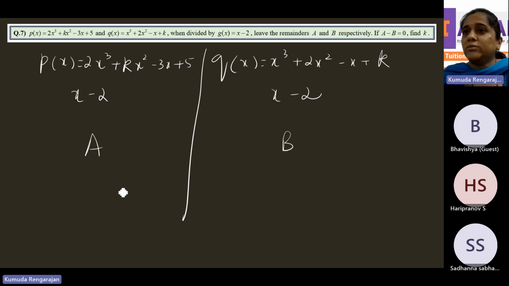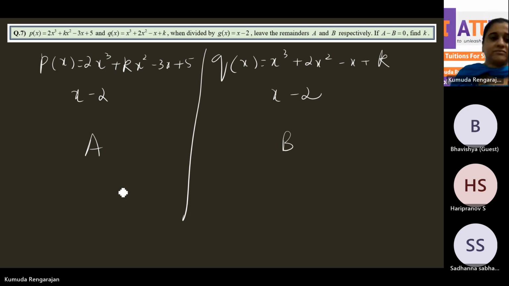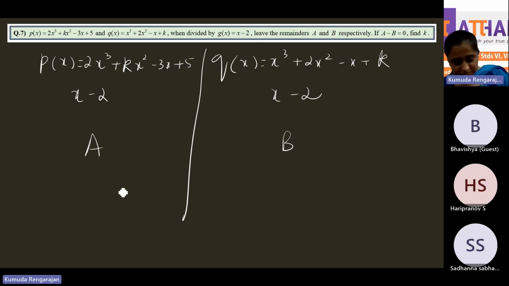And I didn't see anything in your book. Sahana, are you able to focus? Is something disturbing you? Do you want to sit in the first bench or do you want to come here? Yeah, now tell me, Hari Pranav.